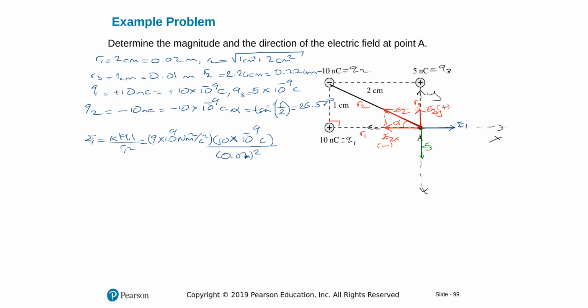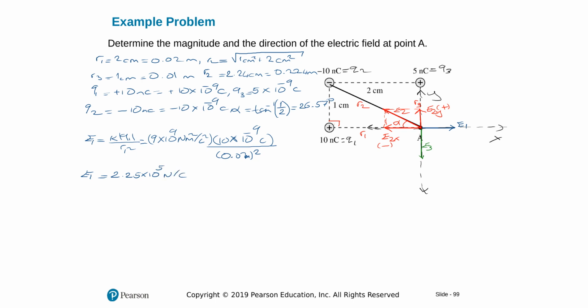And the value we find from there, let me find that value, I should have it somewhere here. E1, sorry, should be 2.25 times 10 to the 5 Newton per coulomb.